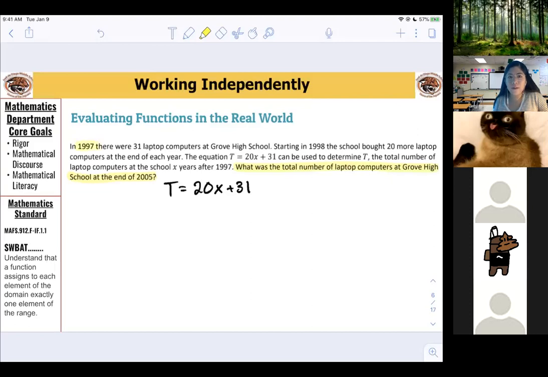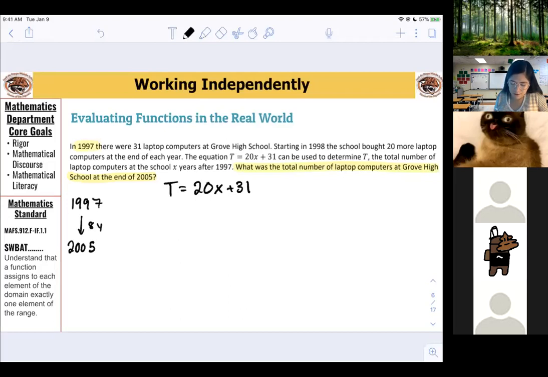The amount of different years between 1997 and 2005. Good. Okay. Because I don't need to know the year. I need to know how many years have passed. So from 1997 to 2005, how many years passed?